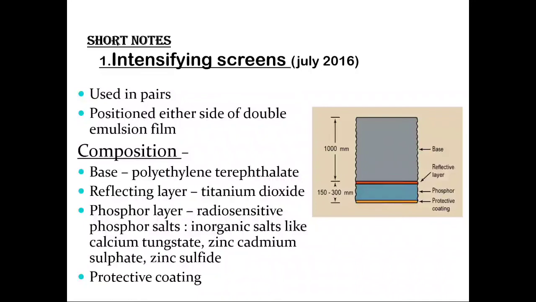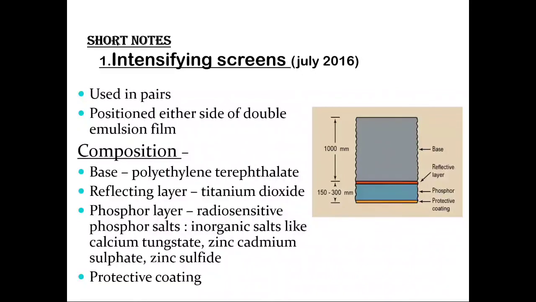So what occurs is that it helps to reduce the dose of X-ray radiation for the patient. So these intensifying screens are used for extraoral radiography, as I've earlier mentioned, and the composition of this is again given in the textbook by White and Pharoah, wherein the diagram has also been given of how the intensifying screen is composed.